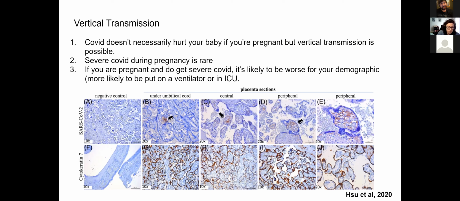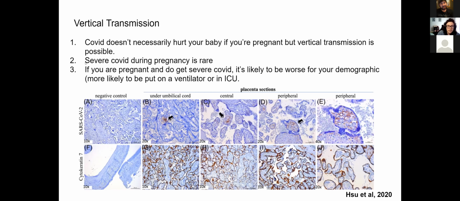You can see this brown staining for COVID under the umbilical cord, in the middle, kind of around the edges, and then E is just zoomed in. There's a lot. COVID is all throughout. You can compare that to this cytokeratin, which is just sort of all over the place. So it's kind of a trade-off.